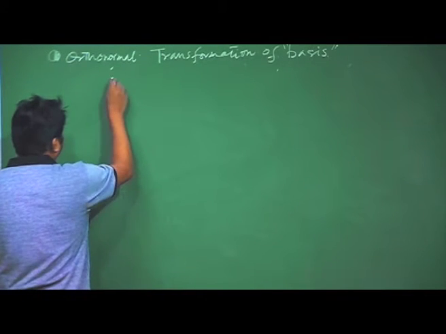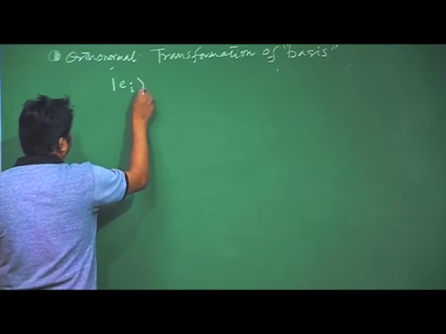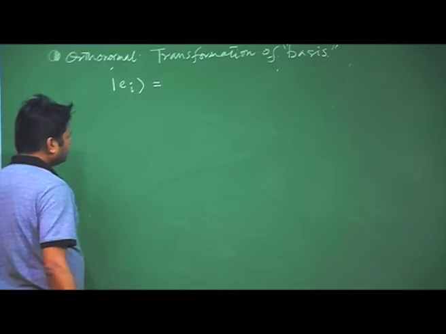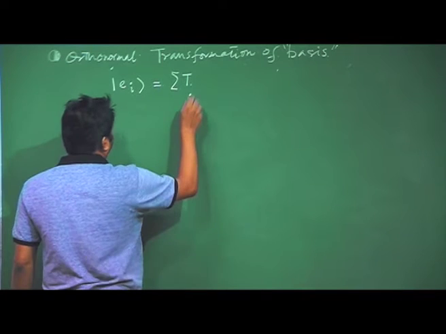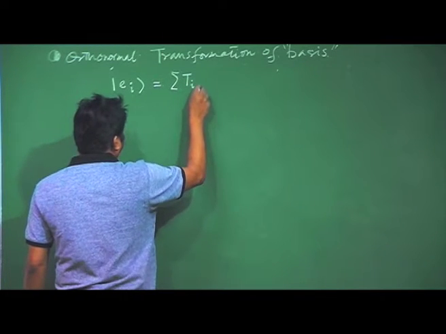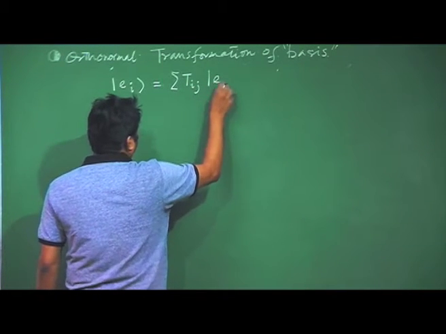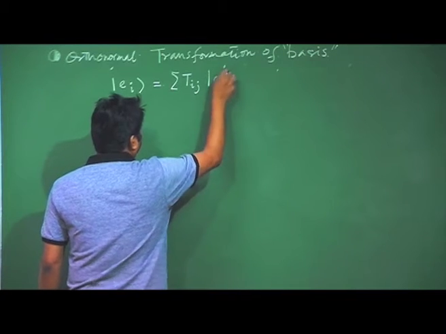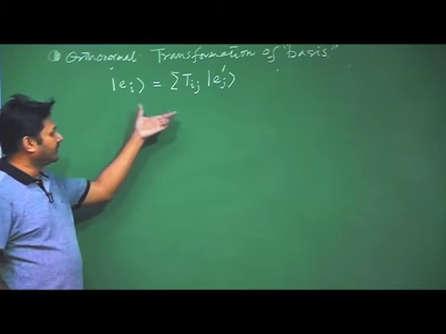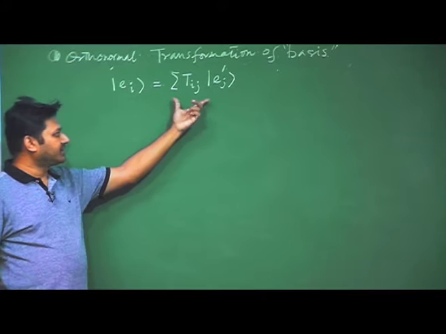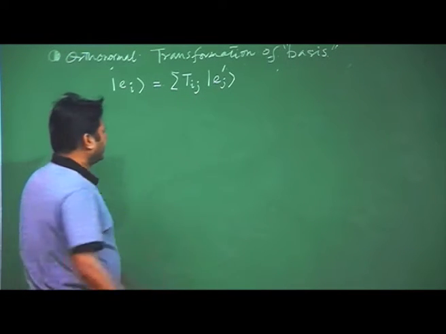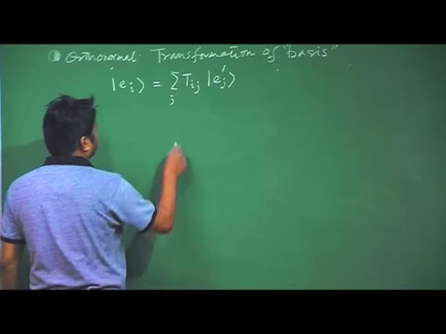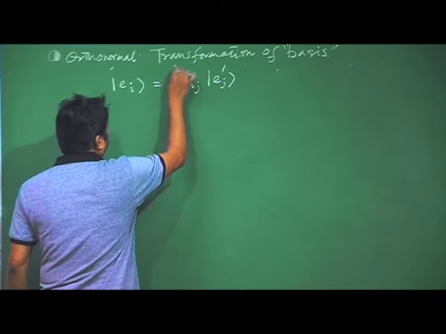So, I should write Ei like Tij Ej prime, because this is the transformation rule that I am using. I am just writing in the form of matrix components where j is running from 1 to n, suppose.